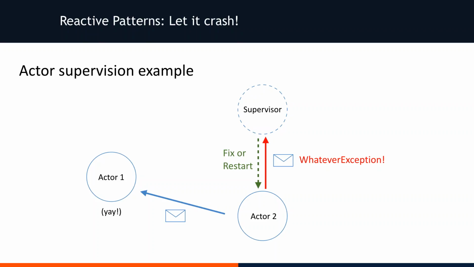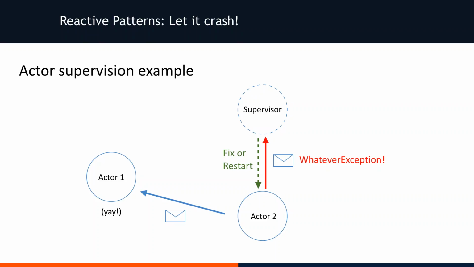This, for me, is a major breakthrough with respect to the old way of dealing with exceptions in Java, where basically the user of a service is the same component that needs to handle its failure. So in this case, actor 1 doesn't need to know about the possible failures of actor 2. They are completely separated. This leads to much cleaner and less tangled code.